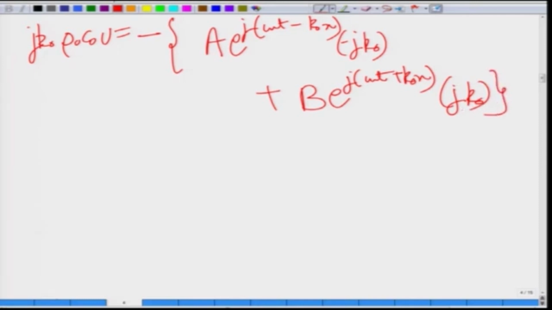Well, what we do is basically first of all cancel out j k naught. We will take j k naught common and put the minus sign inside.